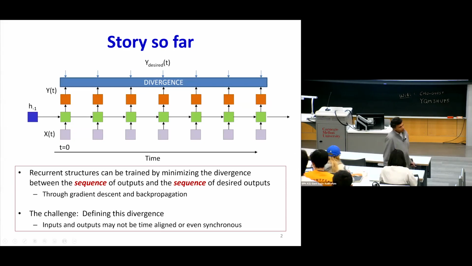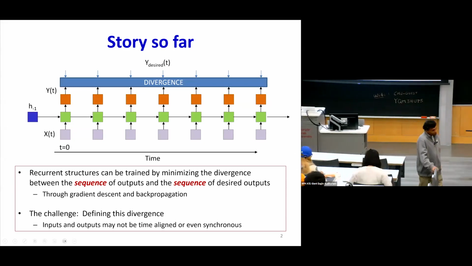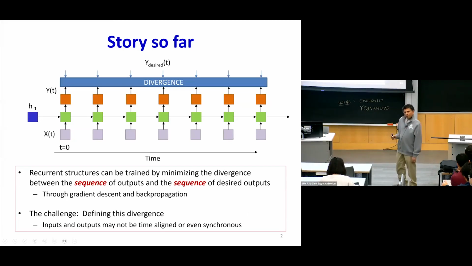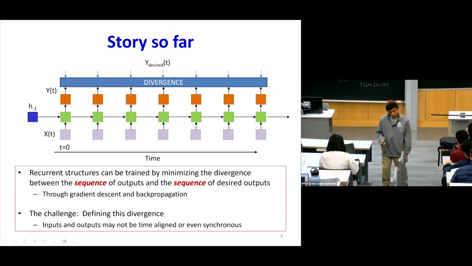Very often, if you're doing something like recognizing speech or translating language, you're not going to have this kind of correspondence. So today we're going to be looking at one such problem where you don't have a clear one-to-one correspondence between the input and output, but you have something called order correspondence.